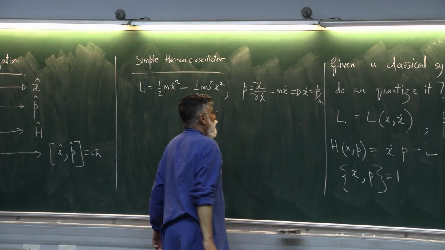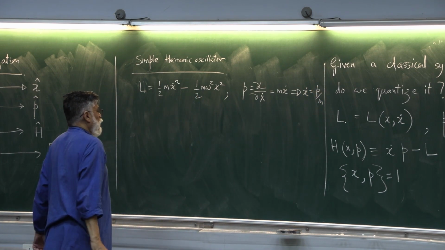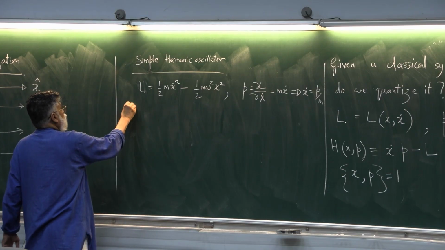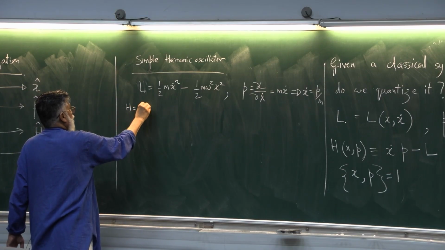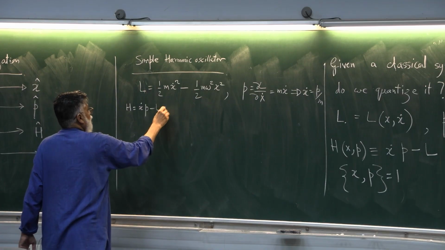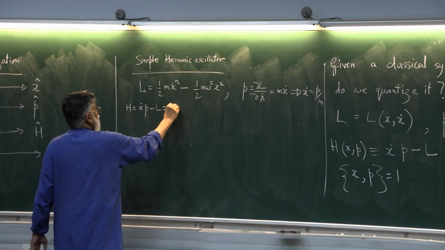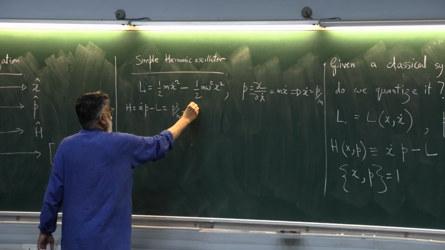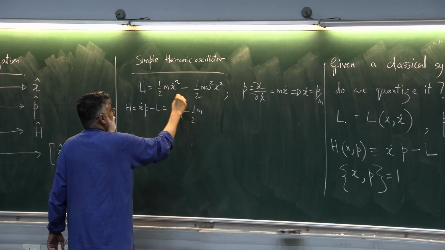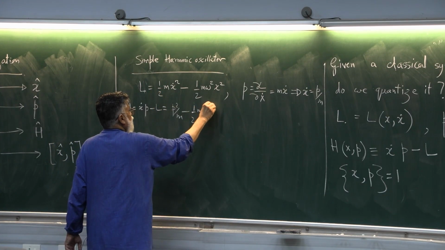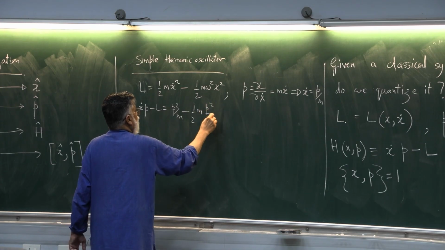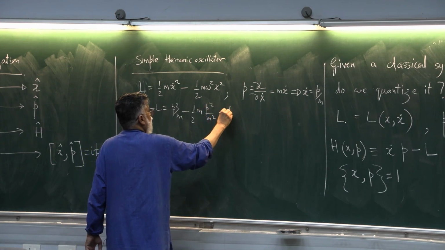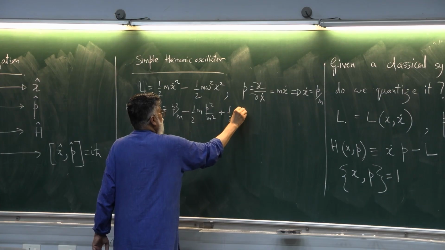And therefore the Hamiltonian is x dot P minus L. x dot is already P by m, so P square by m, minus L, half m x dot square, and half m x dot square is P square by 2m, plus half m omega square x square.